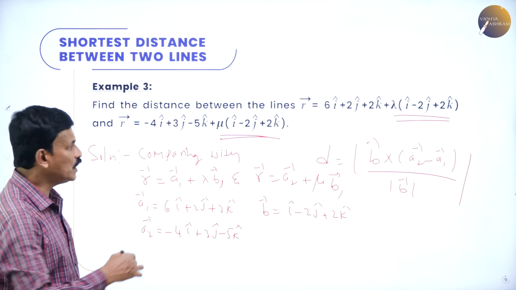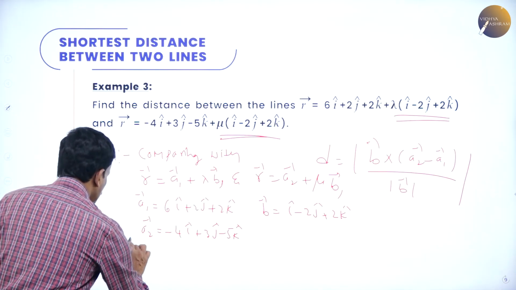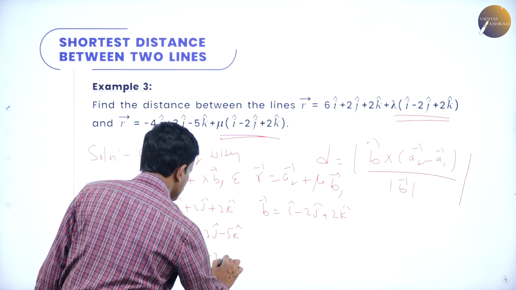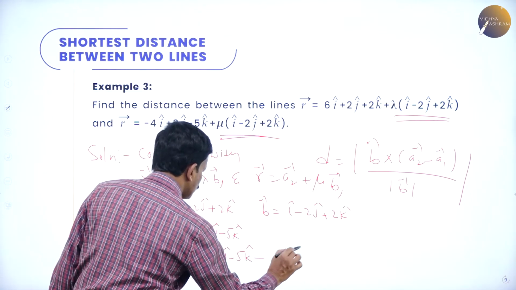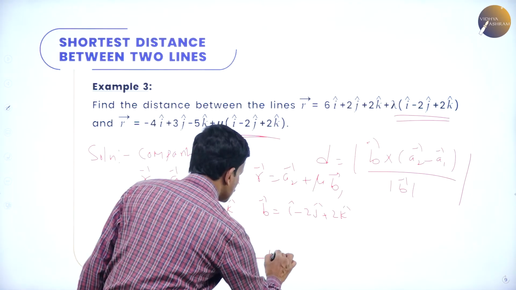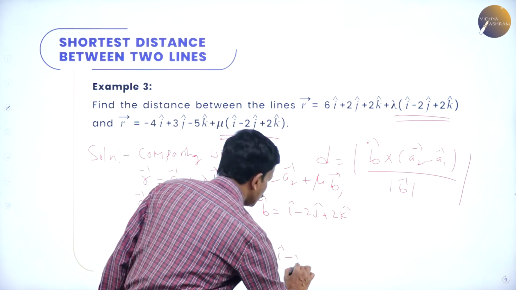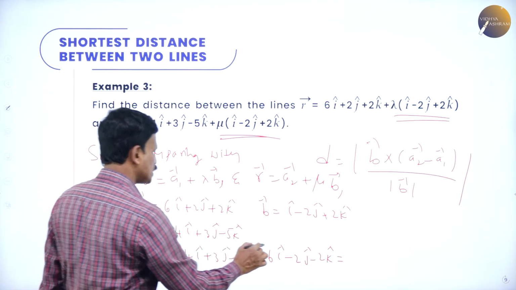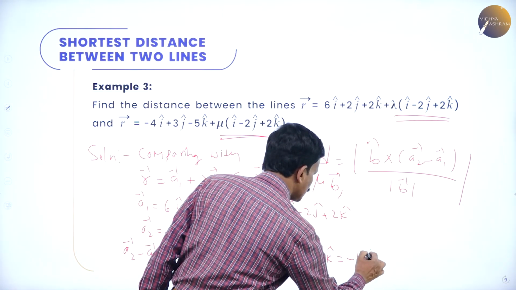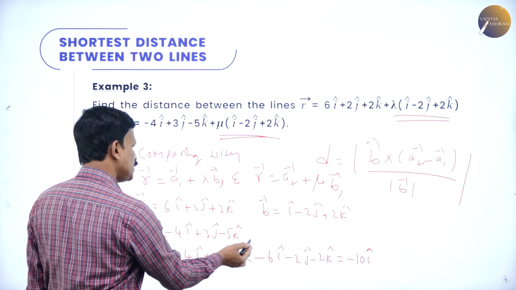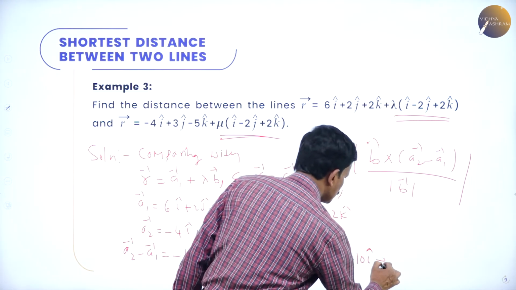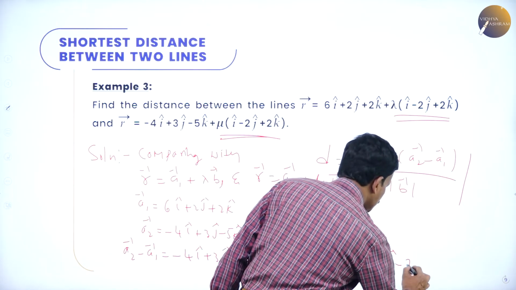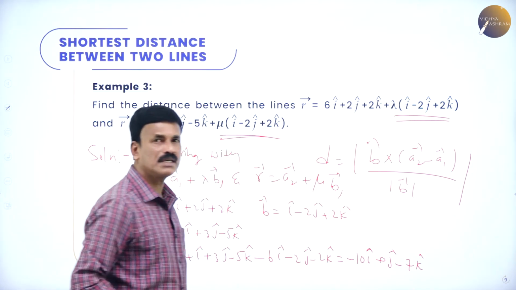Now find A2 minus A1 first. A2 minus A1 is −4i + 3j − 5k minus (6i + 2j + 2k). Simplify: −4i − 6i is −10i, 3j − 2j is j, and −5k − 2k is −7k. This is the vector A2 minus A1.